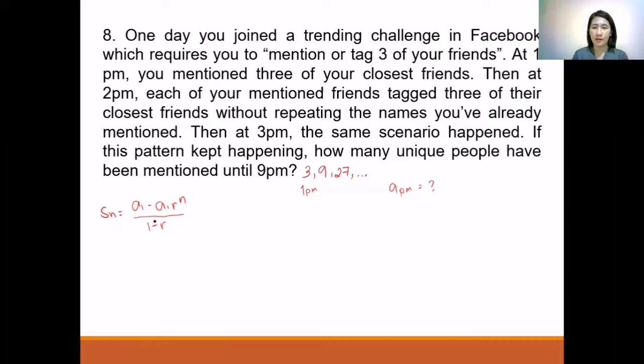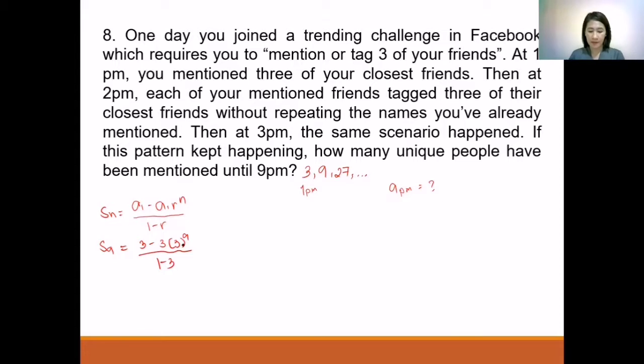We are looking for the number of people tagged until 9 p.m., which includes the first hour until the last hour. So we are looking for S sub 9 equals a sub 1, which is 3, since we already tagged 3 friends at first, minus 3 times r, where r is 3, raised to n, which is 9, over 1 minus 3.